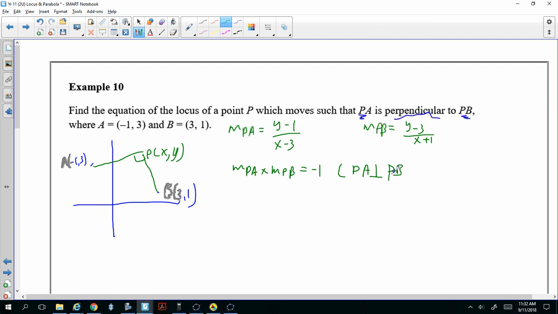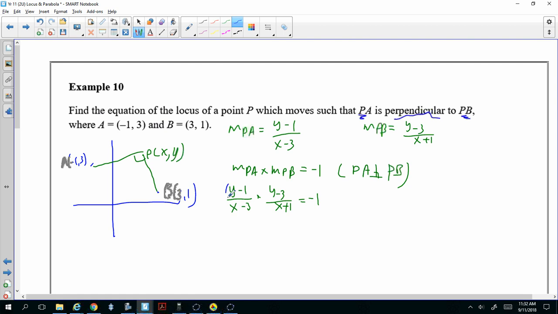Alright, good. So now there's some algebra involved. PA is (y minus 1)/(x minus 3) multiplied by (y minus 3)/(x plus 1) equal to negative 1. And what you need to do is expand the numerator and expand the denominator separately.